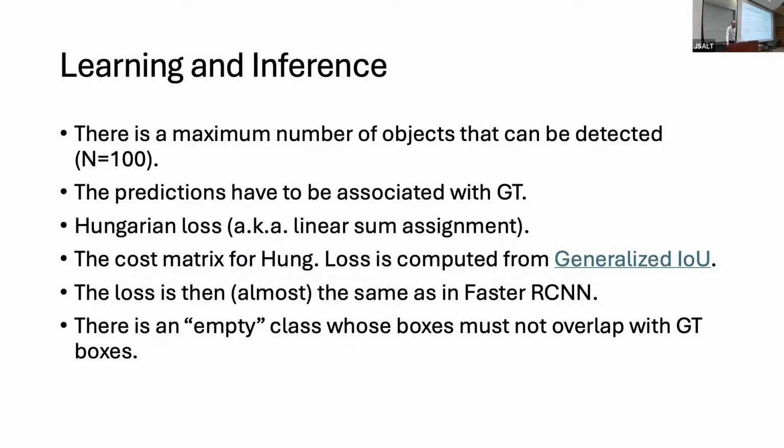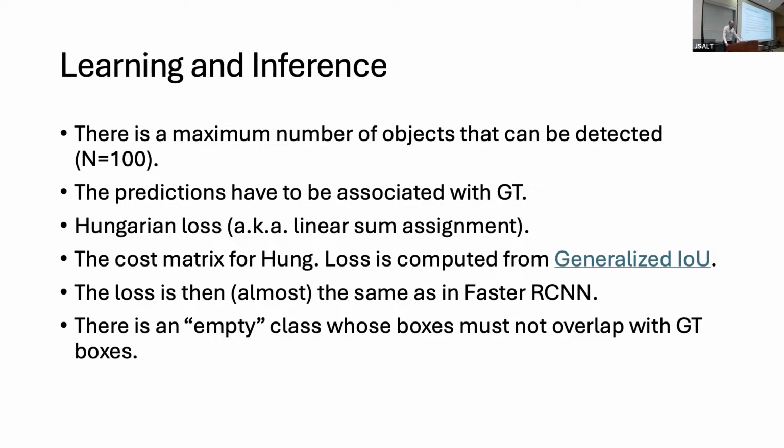Yeah, and there is the question about, okay, since I have my 100 hypotheses of where I can detect the object, how should I build my loss? So they are using the Hungarian loss. It's the Hungarian algorithm, aka linear sum assignment from SciPy. We just find the lowest cost of assigning something to something else.